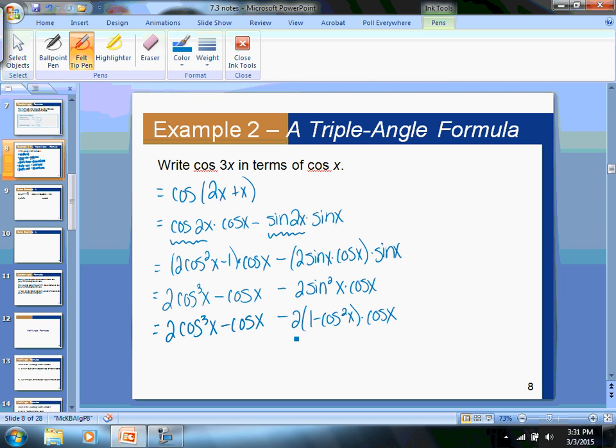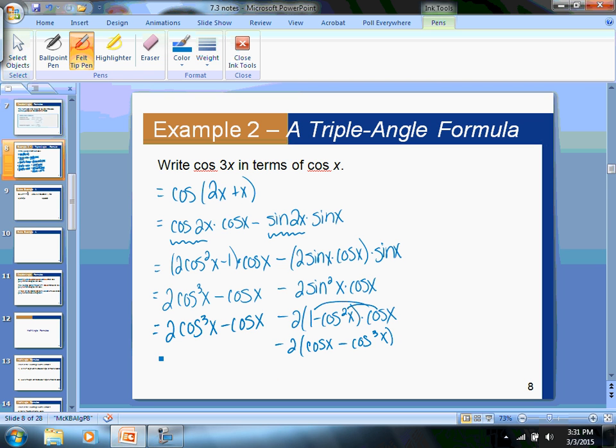And really, here I could distribute the 2 to the 1 and the cosine squared x, but I also have to multiply it by this cosine. Okay, so if I want to think of this as 2 times, I'm going to kind of distribute the cosine from behind there. We'll have cosine x and then minus cosine cubed x.